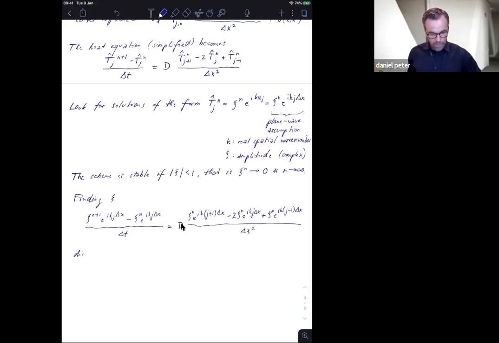So these expressions you can simplify a bit. So dividing, for example, by the factor psi^n e^{ikj delta x}, and then just using psi as a factor psi^{n+1} over psi^n, the ratio of the next time step amplitude divided by the amplitude of this time step n.